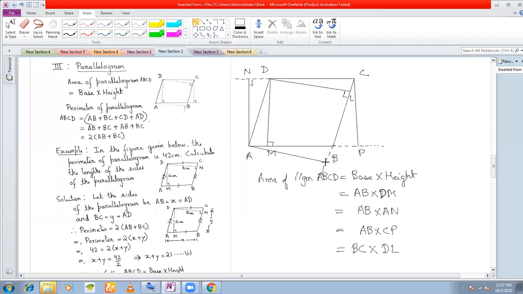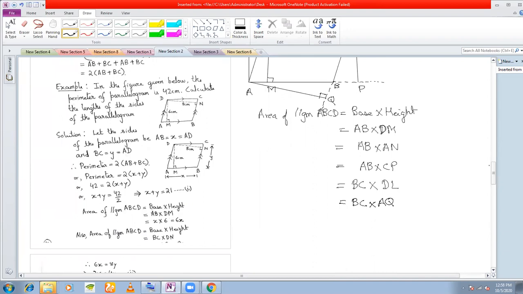Suppose I call this point Q. If you're considering BC as your base, AQ is your height. So for a single base, you can have many heights in case of a parallelogram. That is what we are going to see in our next example.